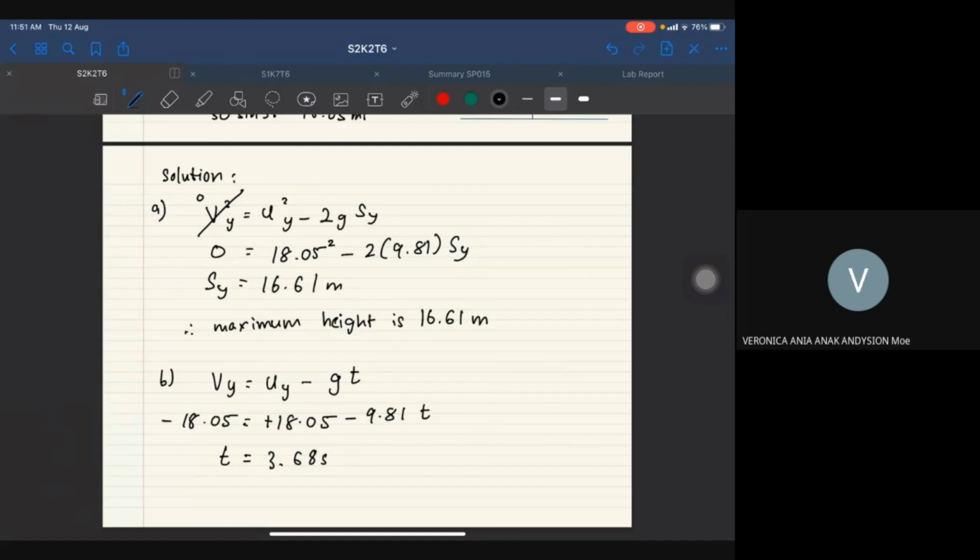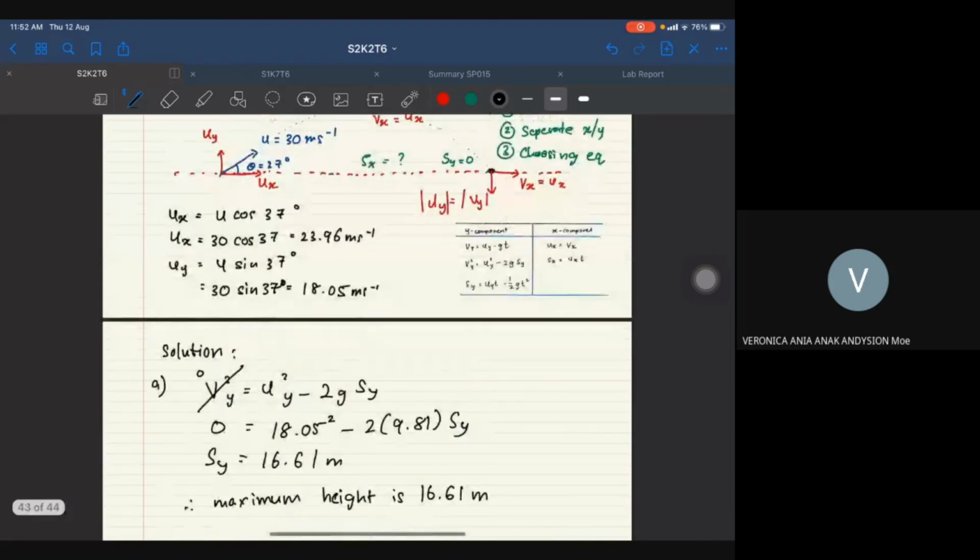Okay, did you get the same answer with me? Dapat tak? Dapat. Okay, very good. So dah dapat, kita dah tak cuba lah equation lain.